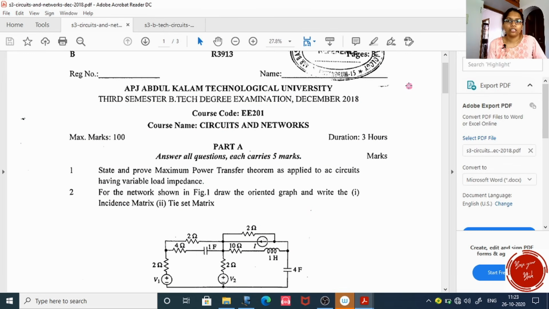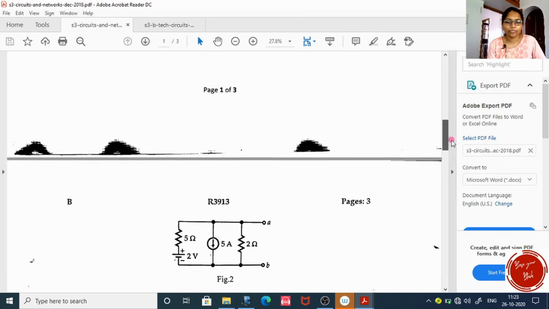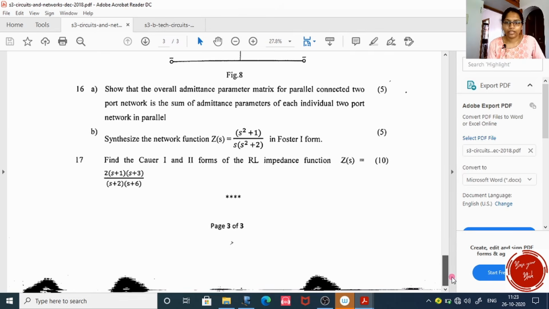Okay. Now let's do a question from the question paper December 2018. Here, find the Cauer 1 and Cauer 2 forms of the RL impedance function Z of s equal to this one. Actually, when you observe this fraction, you can see that the highest power in the numerator is 2. Also in the denominator, the highest power is 2. So how to do such problems where the powers of numerator and denominator are equal?